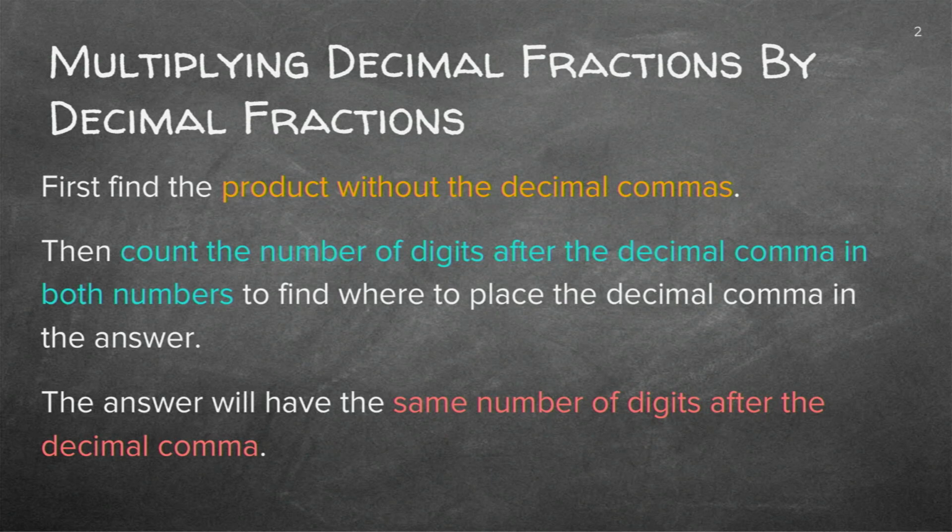Then we count the number of digits after the decimal commas in both numbers to find where to place the decimal comma in the answer, and the answer will have the same number of digits after the decimal comma.